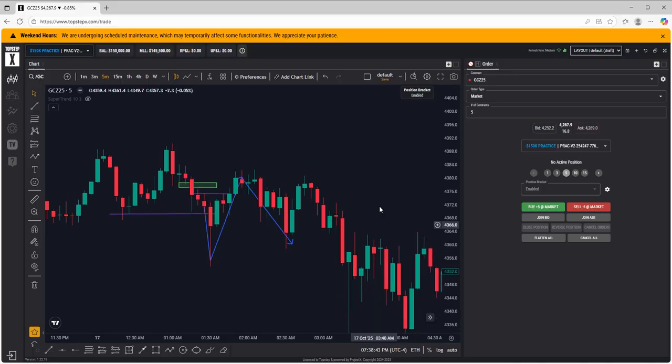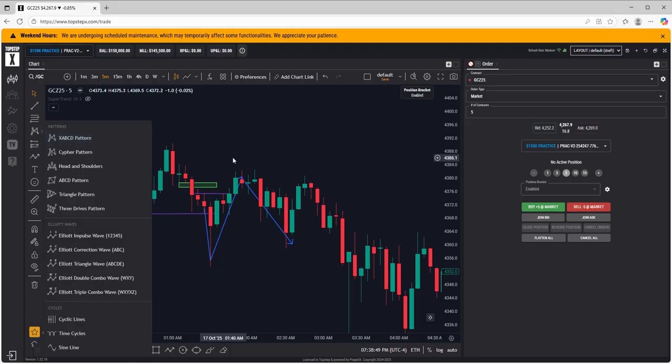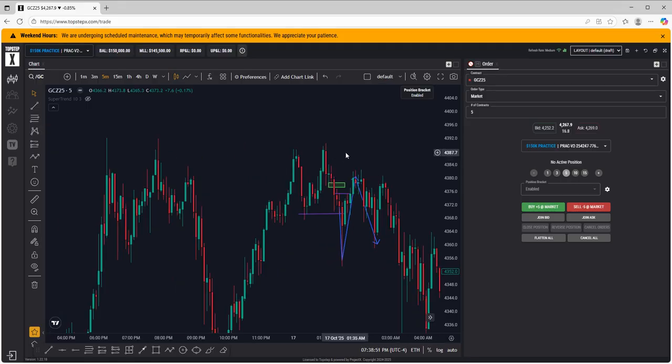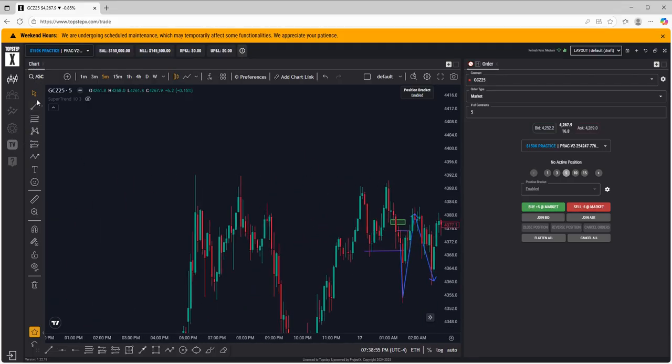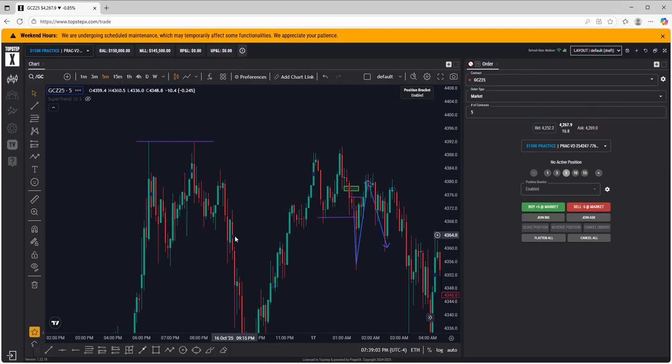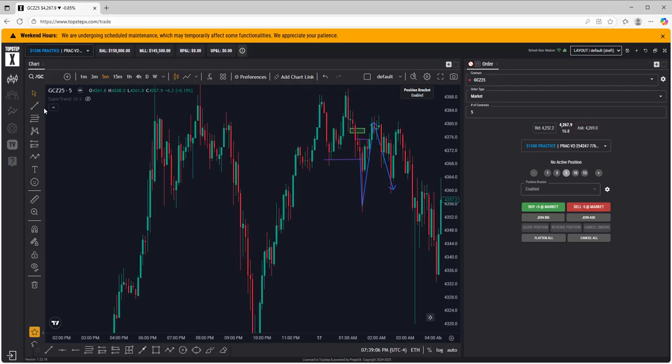Most of your outer liquidity is going to take place, let me mark this up, further back here. This is where your outer liquidity is going to take place, outside the structure. And this is where your inner liquidity takes place.